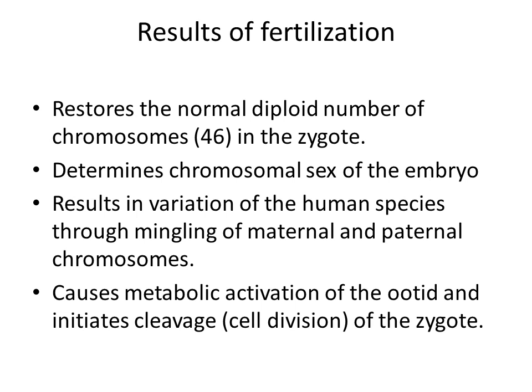So, first outcome of fertilization was restoration of the normal diploid number of chromosomes. Second is that at the time of fertilization, the chromosomal sex of the embryo is determined. Now, number 3 outcome of fertilization is the production of genetic diversity.